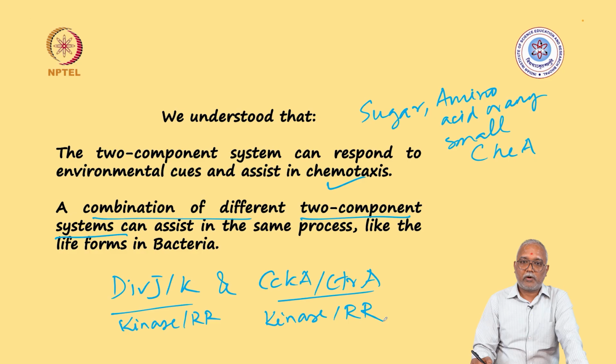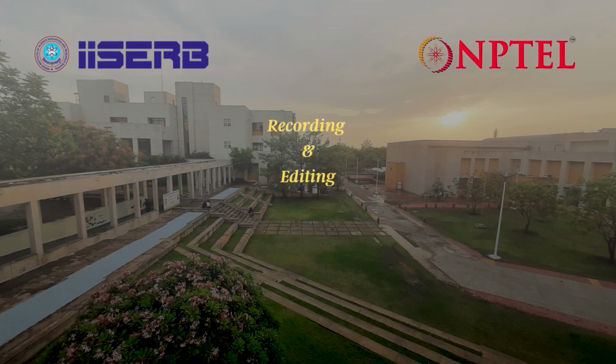So what we can say in a nutshell is that two-component system is required for vital functions which help bacteria mediate its responses to the environment and survive in the given environment in the most efficient way. Thank you.